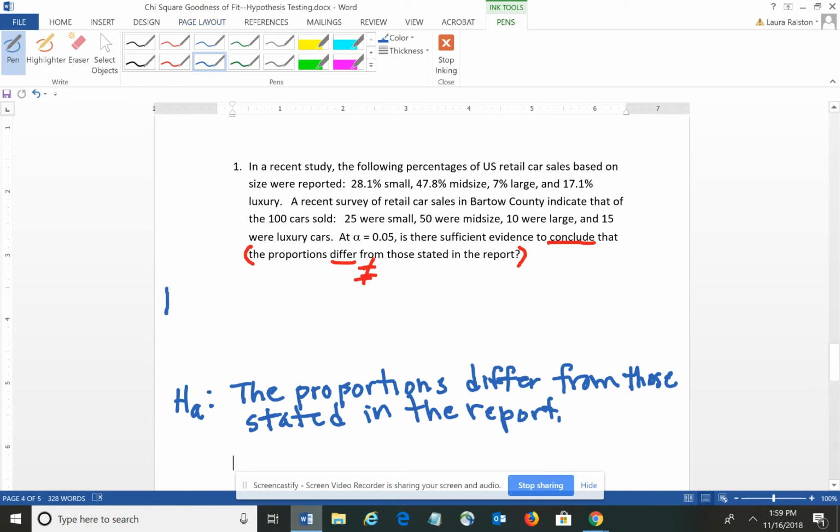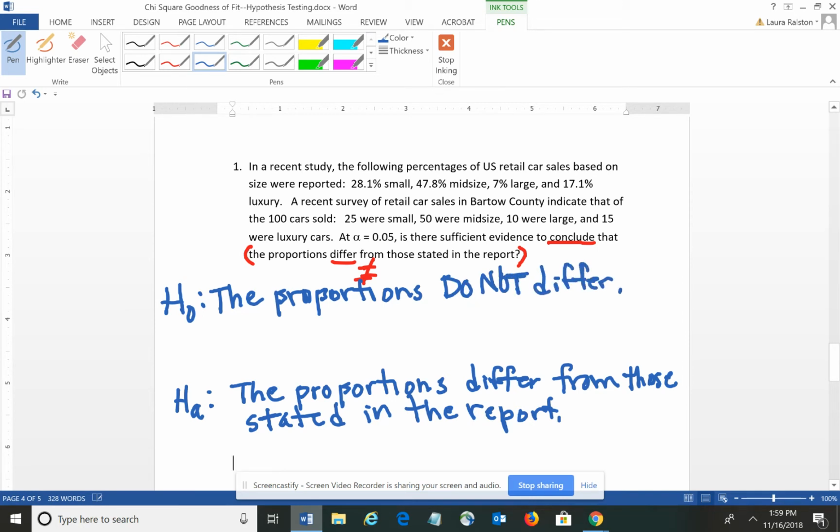The null would be the opposite, that they are equal, and we basically add the phrase do not. So we would say the proportions do not differ from those stated in the report. So you can write it as a sentence as we did before.